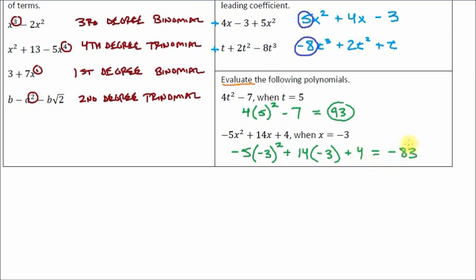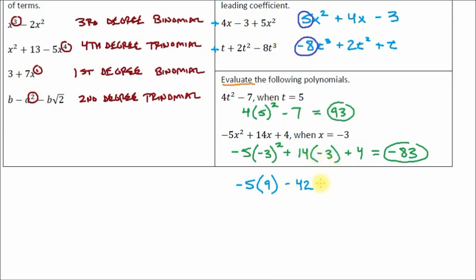Now some of you may like to do this by hand. Maybe you're good at it. No problem at all. Let's just quickly show you that if you decided you just love to do everything by hand. This is negative 5. You don't have to write this in your book. This is negative 3 squared. Negative 3 times negative 3 is positive 9. 14 times negative 3 is negative 42, I believe.